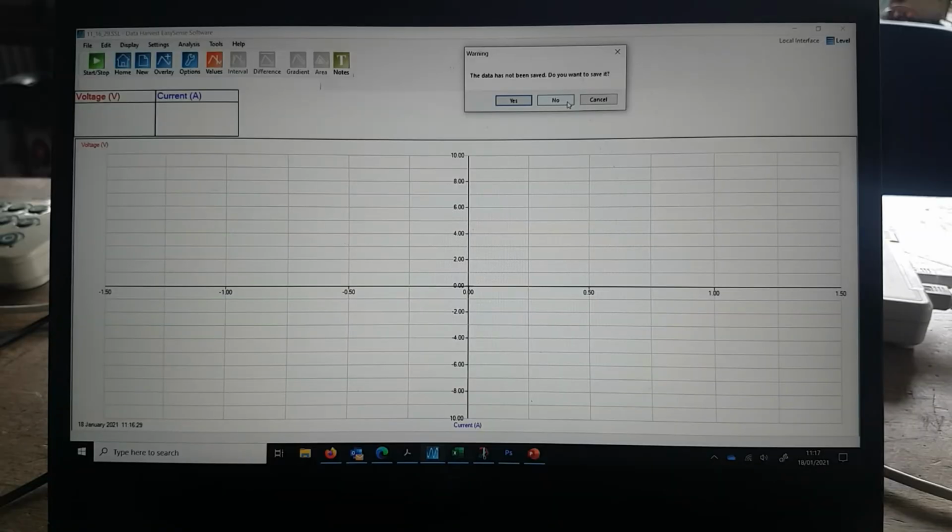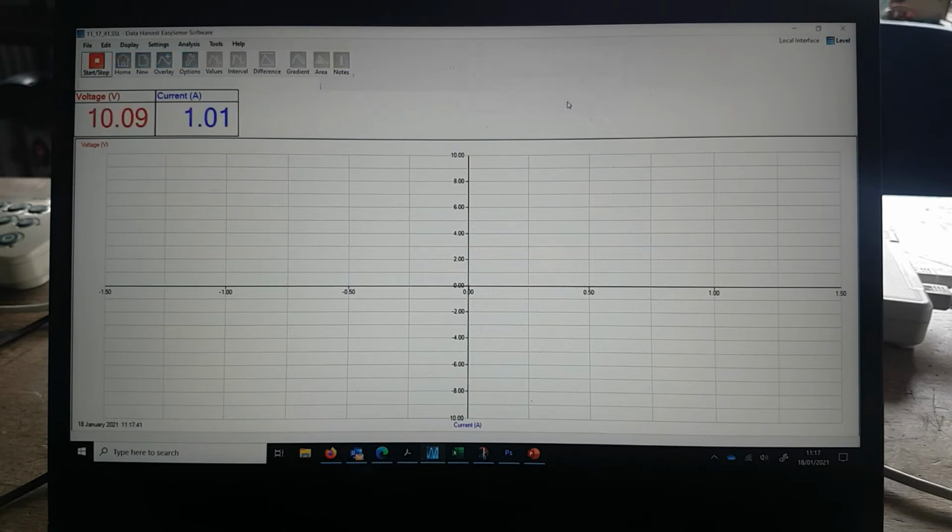Okay, so we're now going to record the IV curve for an ohmic resistor. We will start at a high voltage, then drop it down to a low voltage, then reverse the connections to get the negative values. So let's see what we get. So I'm going to drop the voltage slowly down.